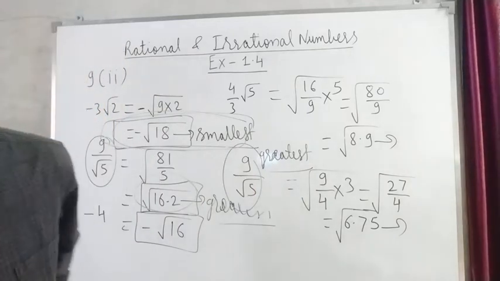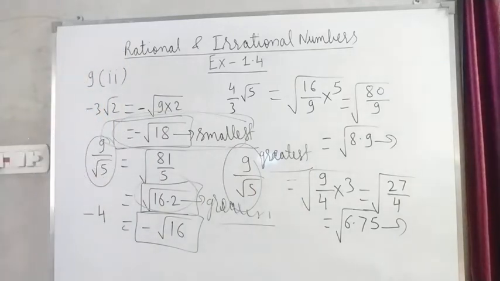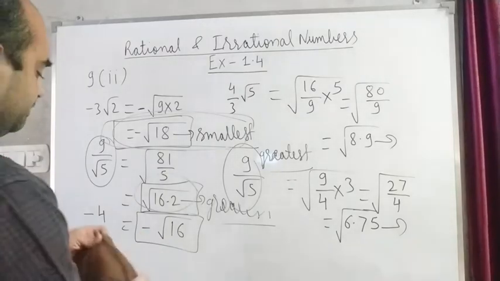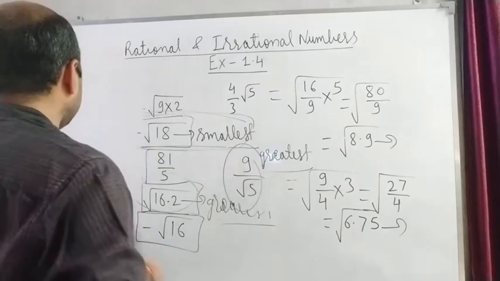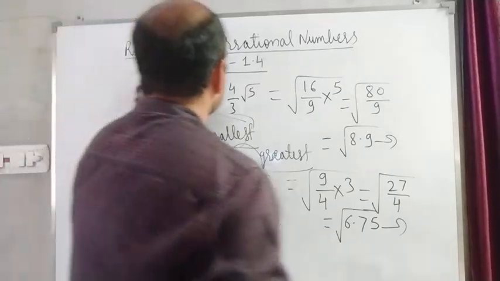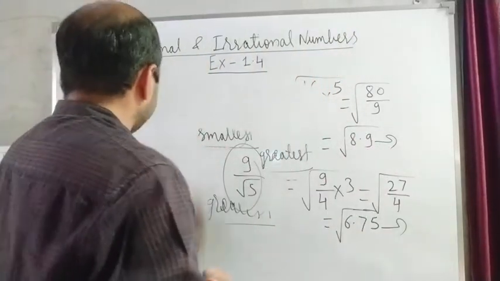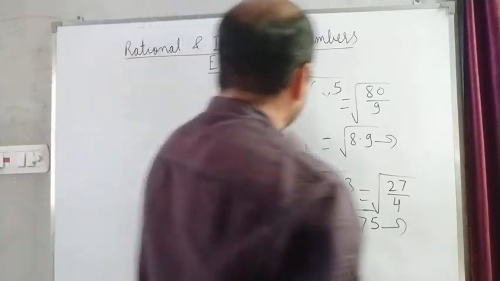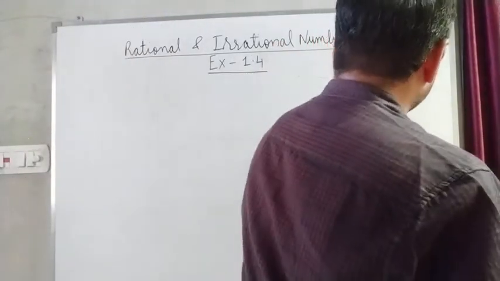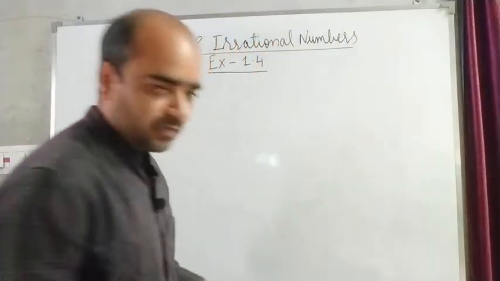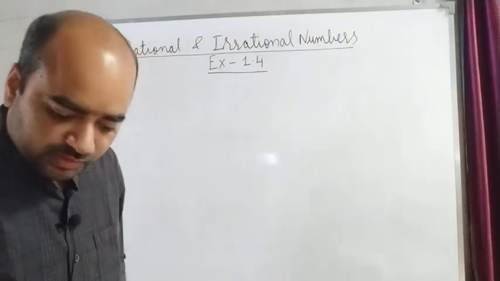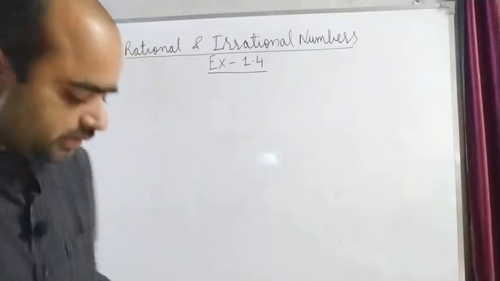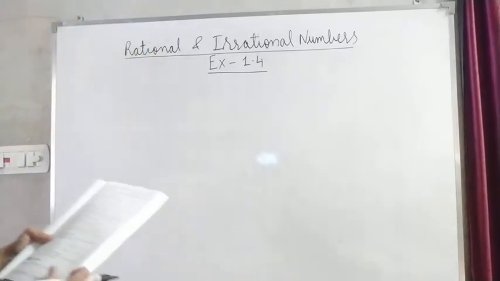So next one, similarly we have to find the next one. Come to question number 10. In question number 10, write the following numbers in ascending order. Take any one, first or second, whatever.